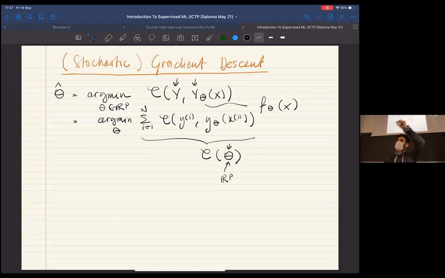So you can see this as a kind of particle moving in a high dimensional space, and we're looking for a minimum or the minimum, hopefully, in this complicated landscape, which is defined by this cost.